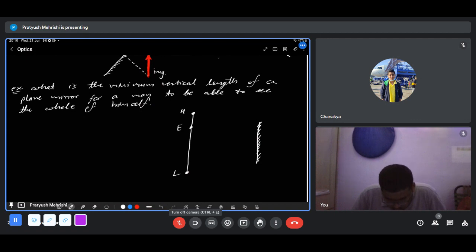See now how to do it. For any object, if you are going to see that object, it means the rays of light must reach your eye.